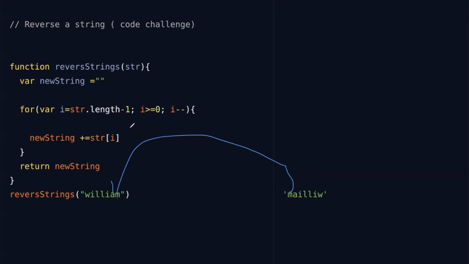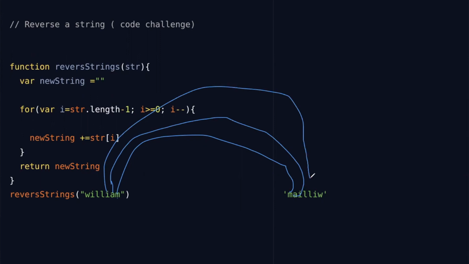Now it's going to be 6 minus 1, which will give you 5. So it's going to be 0, 1, 2, 3, 4, 5. So this will initialize here. Then 5 minus 1 will be 4, so we can count 0, 1, 2, 3, 4. So i will follow, right? That's how it is. Then 4 minus 1 will be 3. It goes on and on and on.